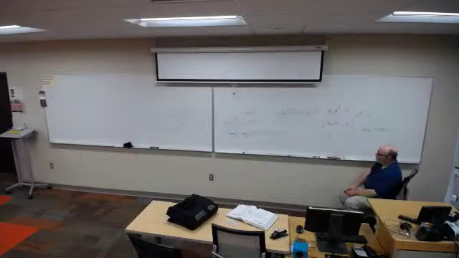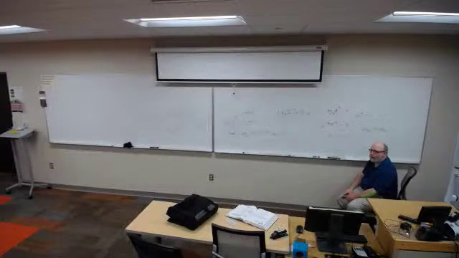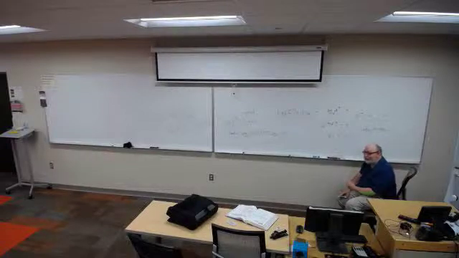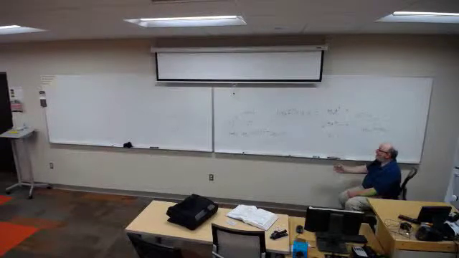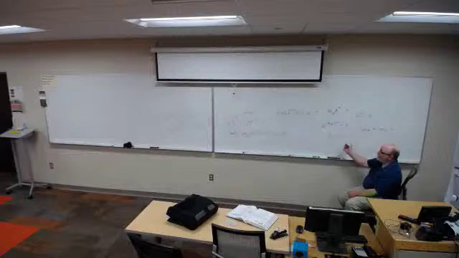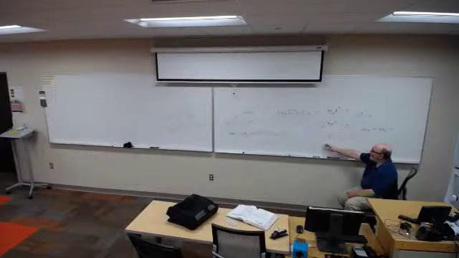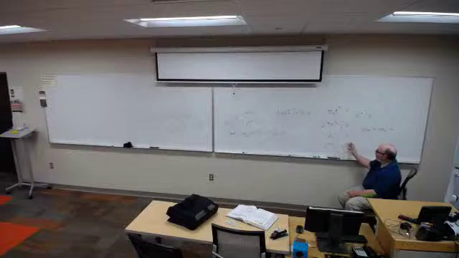Well, what I could do here is take both of these things and take e to the power. So this would be e to the power of the logarithm of b is equal to e to the power of this.